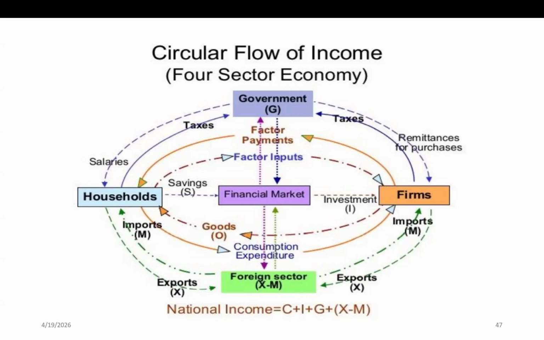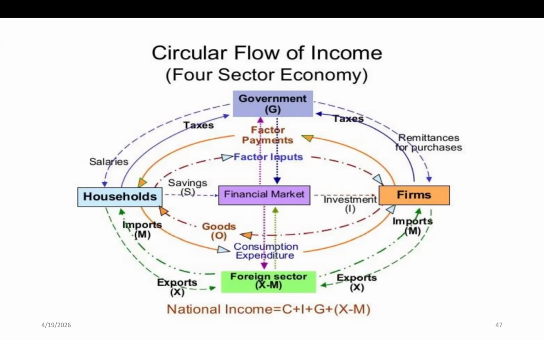And then the business firms are providing goods and services to the households, that is a real flow. And then the households are paying some money to purchase those goods and services, that is the consumption expenditure to the business firms, that is a nominal flow.